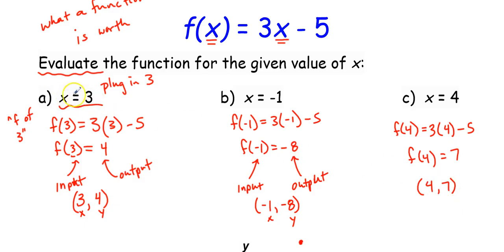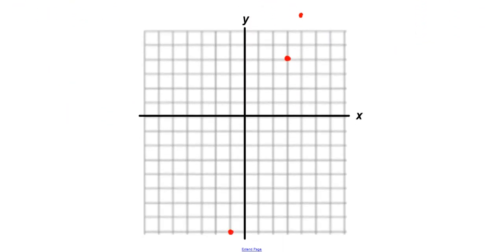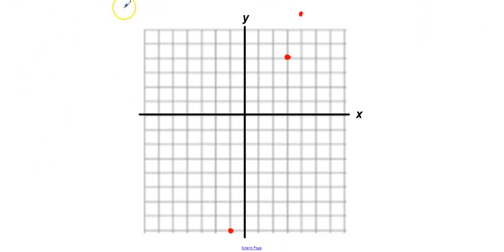And again, all we did was plug in x, use that function notation, and figure out our y that corresponds to it. So let's go down here and check out what this thing looks like. Hopefully this function looks familiar to you.